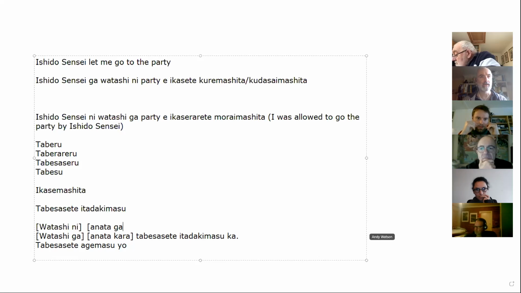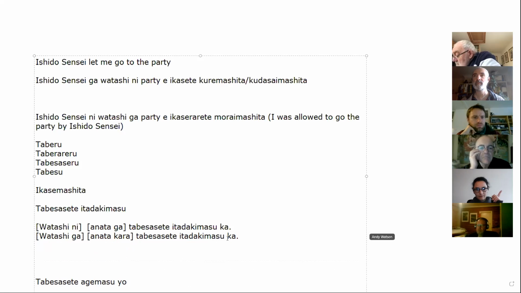No. Anata ga. These two sentences mean exactly the same. It's just that we've swapped around. Just make sure of that, just a second.